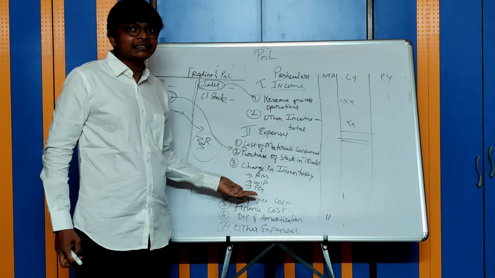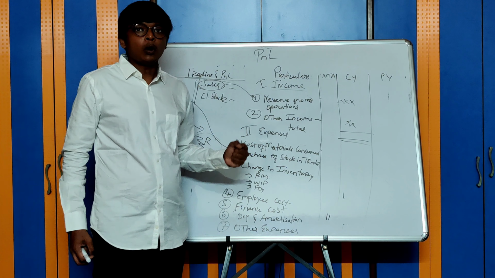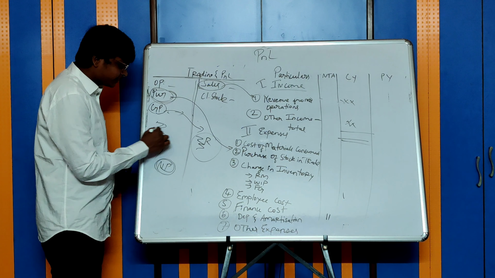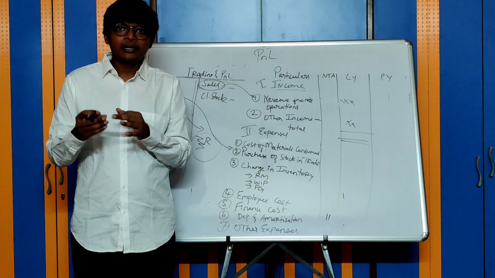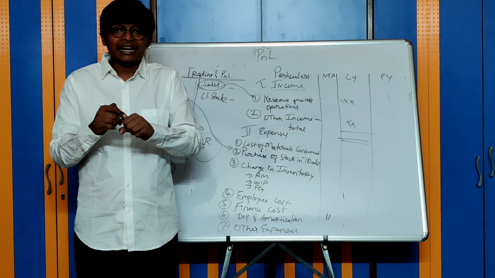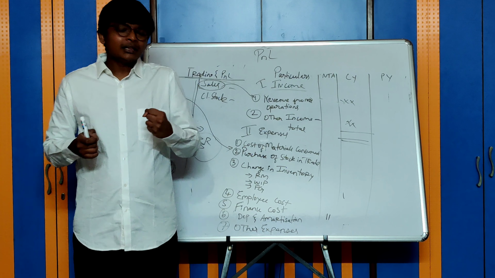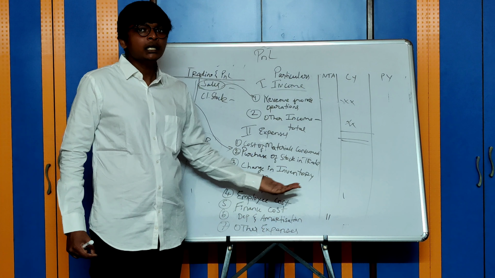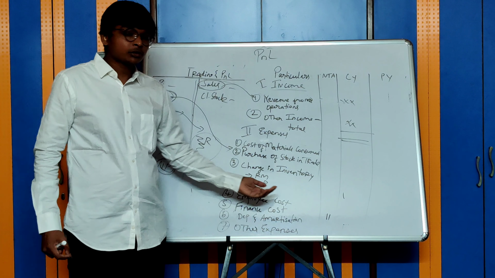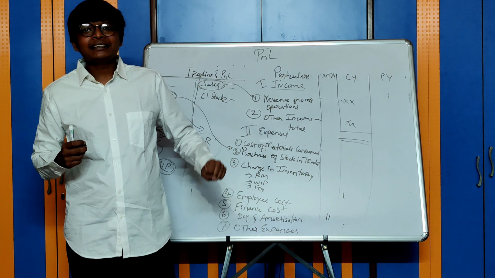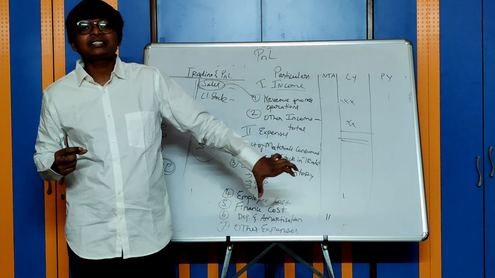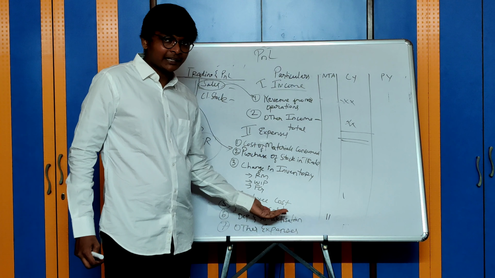The next item is employee cost. What is employee cost? Any expense related to employees, salary expense, employee travel, employee entertainment expense, gratuity, bonus, all these will come under employee cost. What is finance cost? Finance cost will have any interest on borrowings, interest on debentures, all finance related cost will come under finance cost.